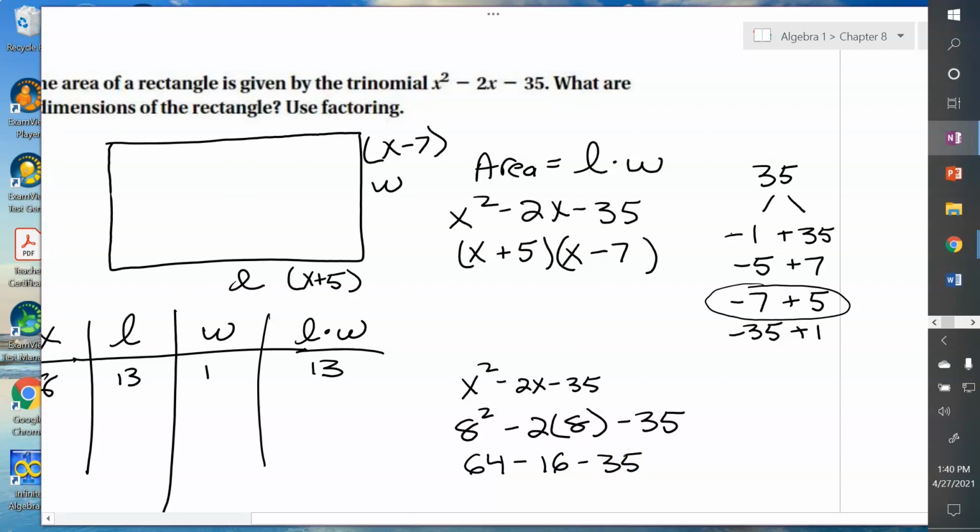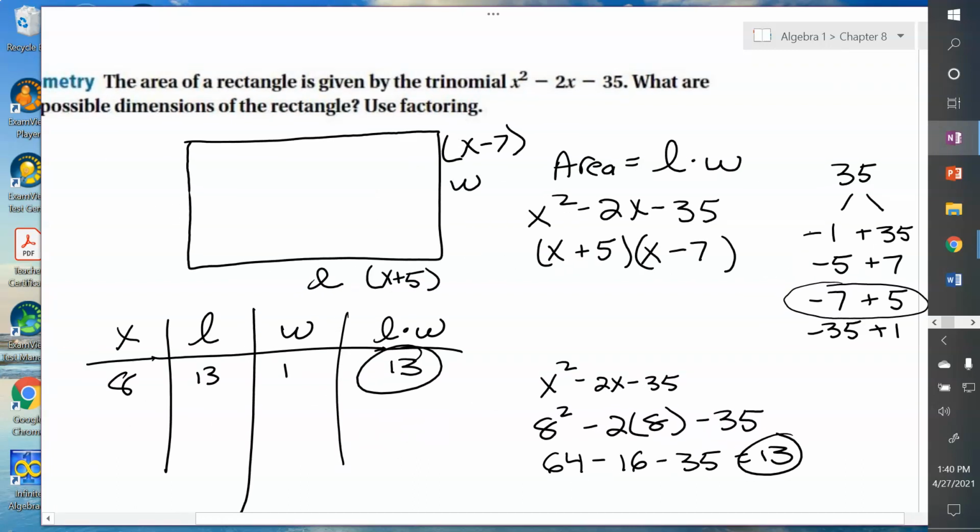Let me get my calculator going. 64 minus 16 minus 35. I get area equals 13, which is exactly what we said it would equal. So that's just one way to get some possible lengths. And if you wanted to do more, you could put more numbers in this table.